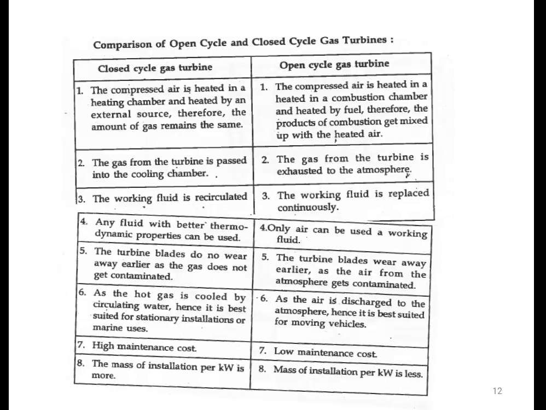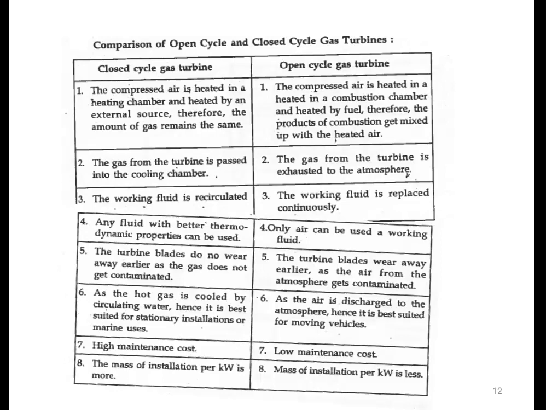Second difference we observe: in the closed cycle gas turbine, the gas from the turbine is passed into the cooling chamber, while in the open cycle the gas from the turbine is exhausted to the atmosphere. This is a major difference we have observed in the schematic diagram.